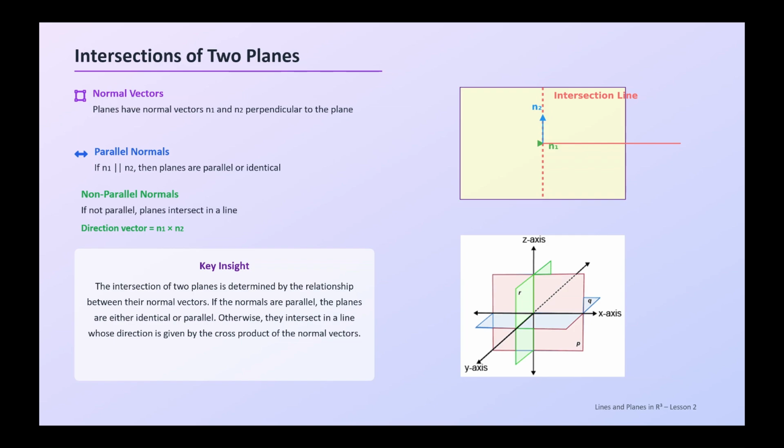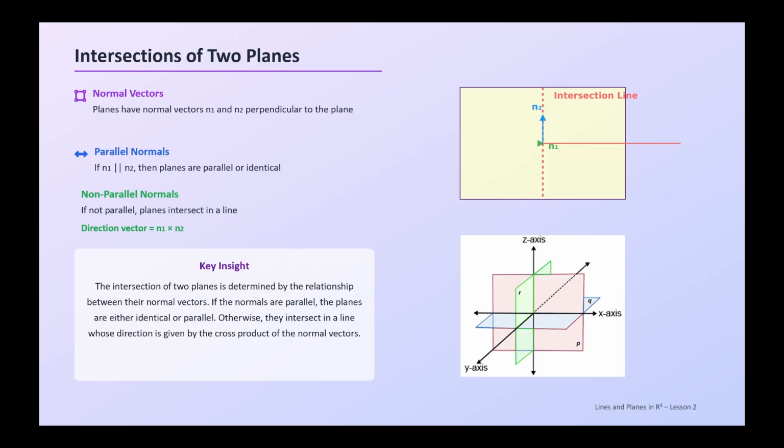Intersection of two planes. Two planes can also intersect. To figure out how they intersect, we look at their normal vectors. If the normal vectors are parallel, which means one is a multiple of the other, then the planes are either parallel or exactly the same.